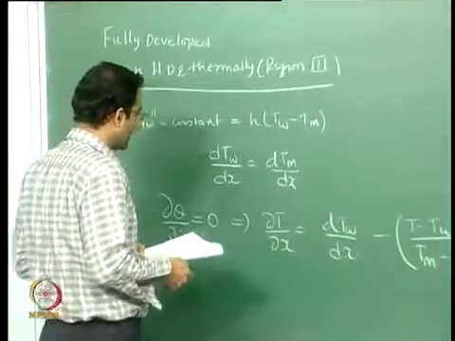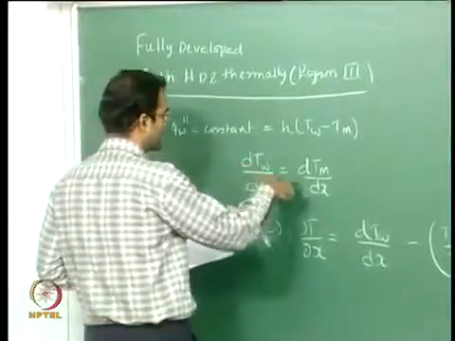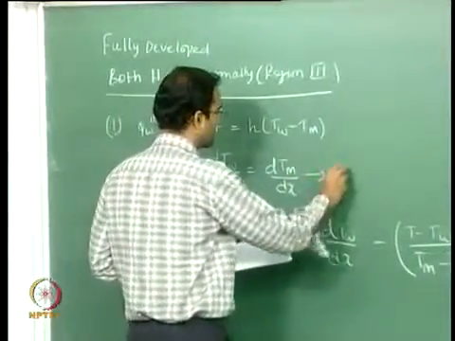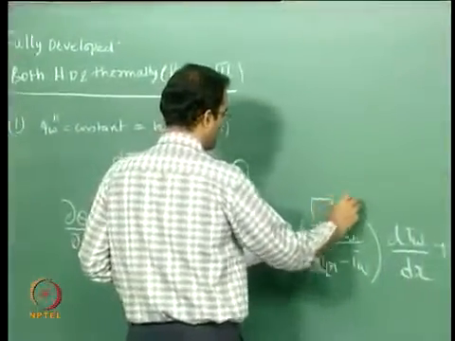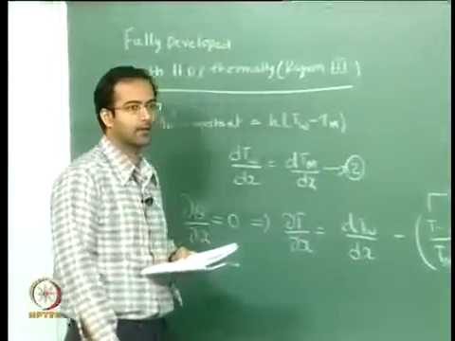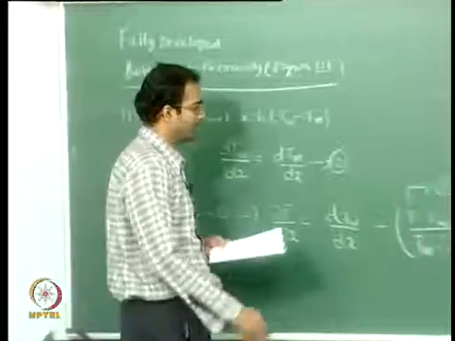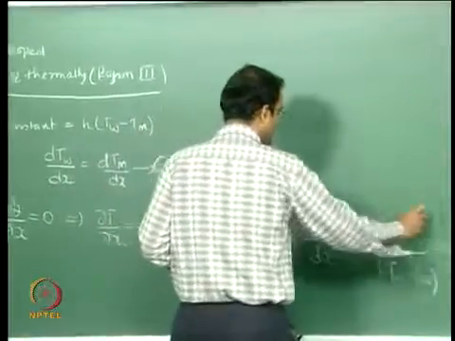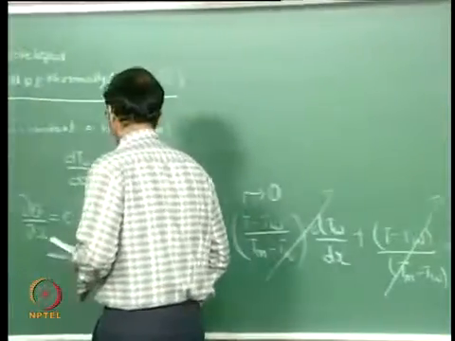Now if you call this number 2 and this number 1, and substitute 2 into 1, you cancel off these terms because they are identical.